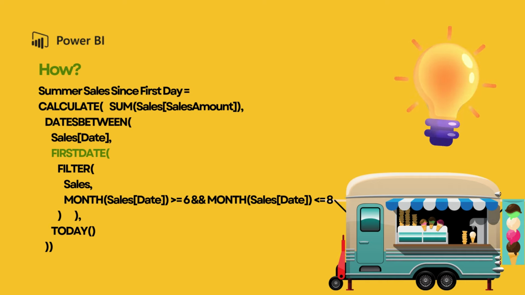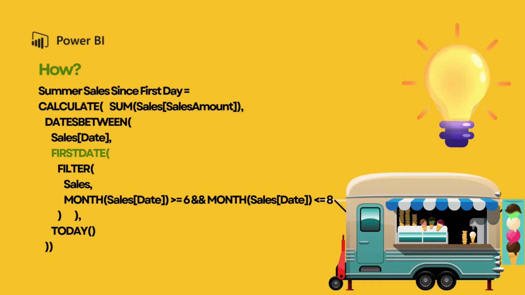This measure calculates the total sales amount for the summer months, because here we filter the summer months between months 6 and 8. And also, we use CALCULATE, because the CALCULATE function changes the context in which data is evaluated.